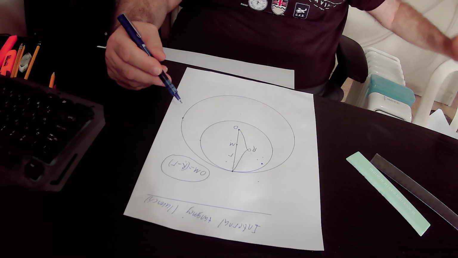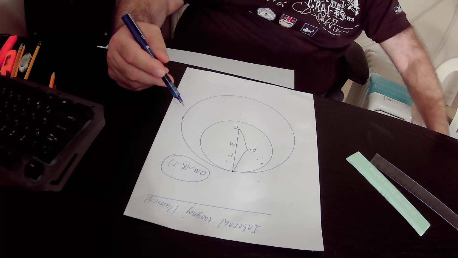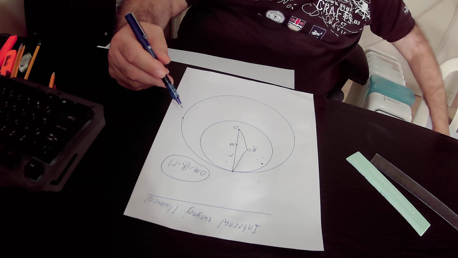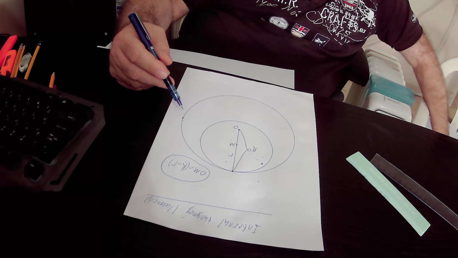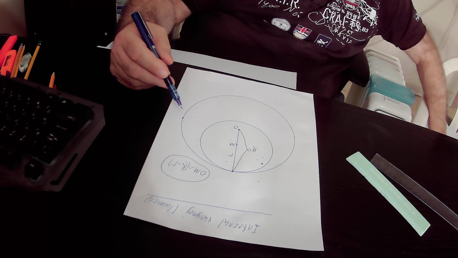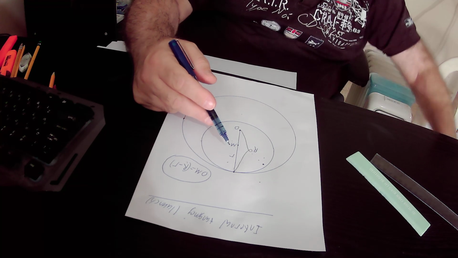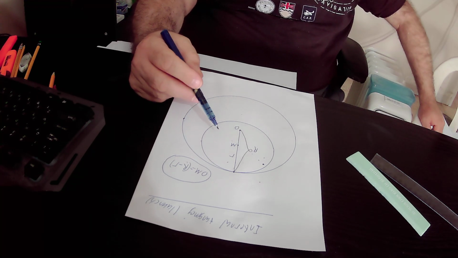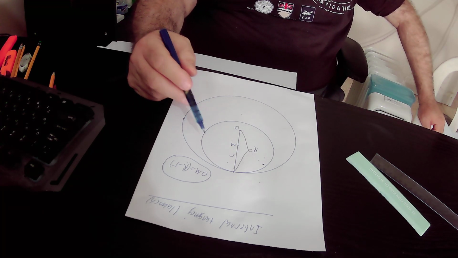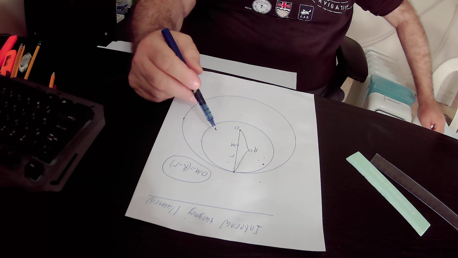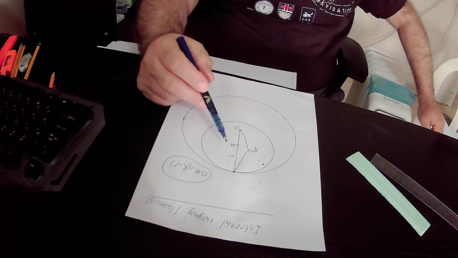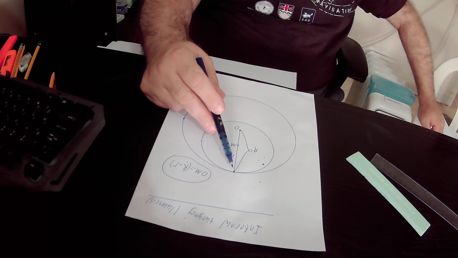We have also a second type of tangency between two circles, when the two circles touch each other internally, like in this drawing. It is defined as internal tangency, and those two circles are touching each other internally at this point.